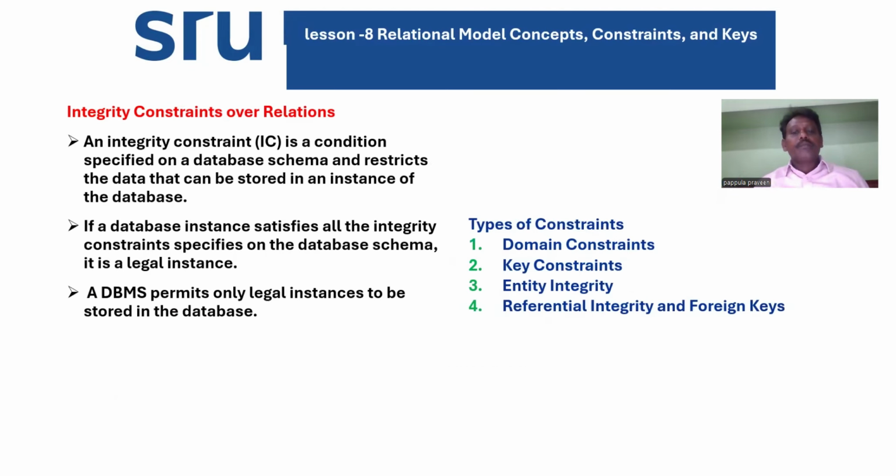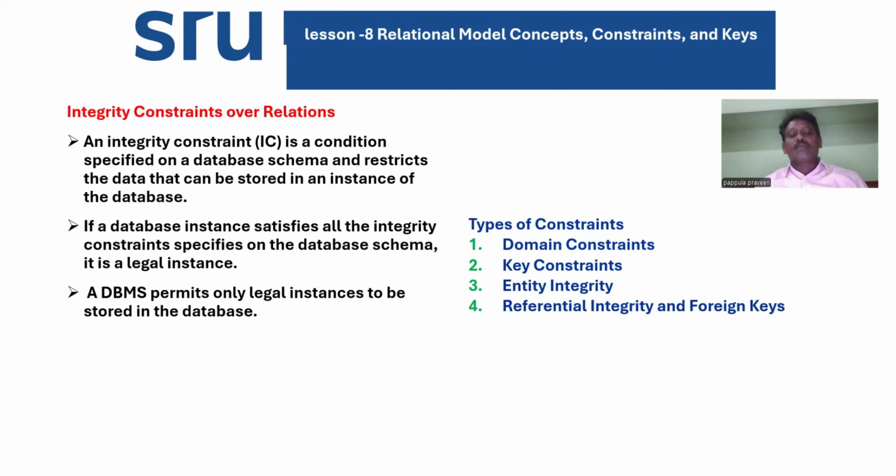And now integrity constraints. Already we discussed key constraints. An integrity constraint is a condition specified on the database schema and restricts the data that can be stored in an instance of the database. If a database instance satisfies all the integrity constraints specified on the database schema, it is a legal instance.